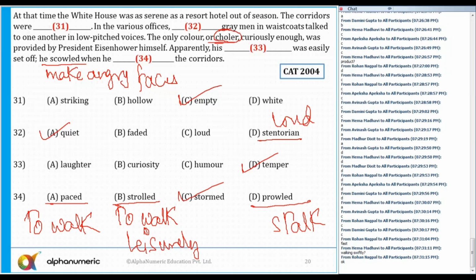There's a standard. You are walking at a low pace or fast pace. So there's a pattern that you're following. So what should be the answer? The answer should be storm. He stormed the corridors. Okay, is this clear?